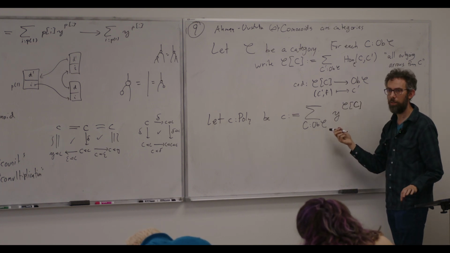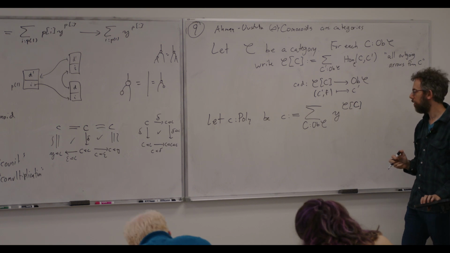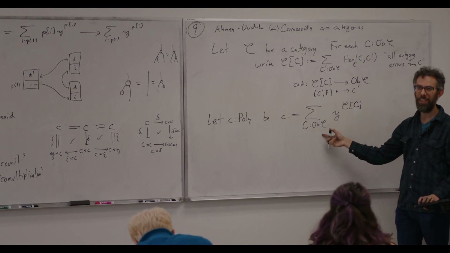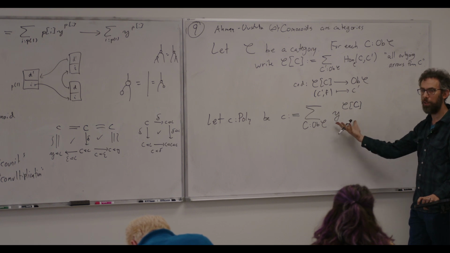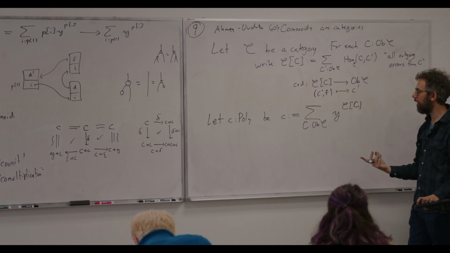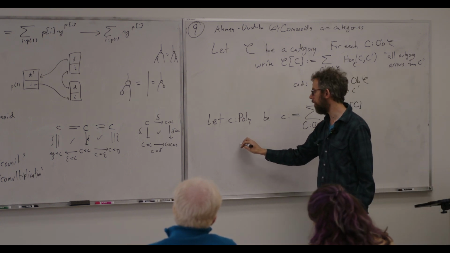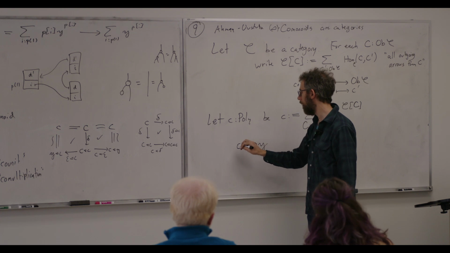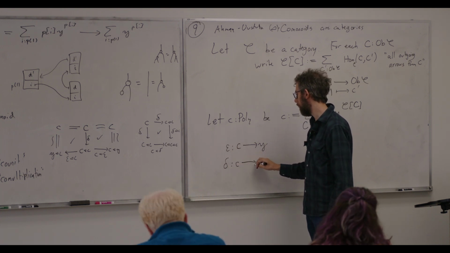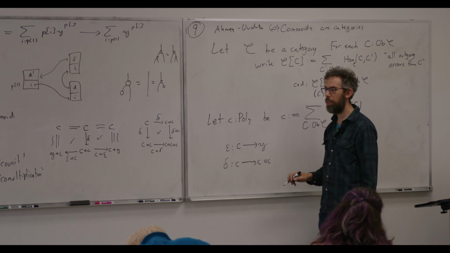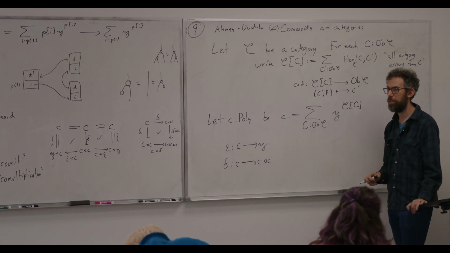Is this a polynomial? As long as this is a set, yeah. Okay, this is a polynomial, and I claim that we will be able to find a map from script C to y and a map from script C to script C compose script C, and that they'll satisfy the equations that we need.